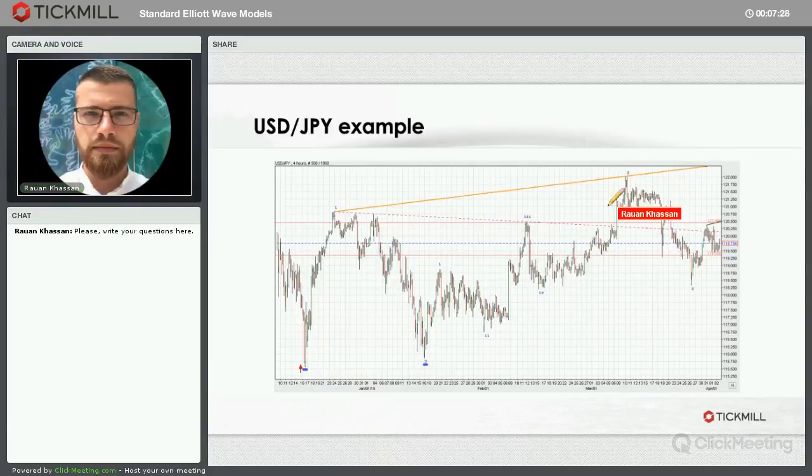Then we see that the third part of the wave is being developed in an extensive mode. We can see 5 smaller parts in its direction, so it clearly has an impulse move as well. And finally, there is the fourth part, which stays above the beginning of the third wave.